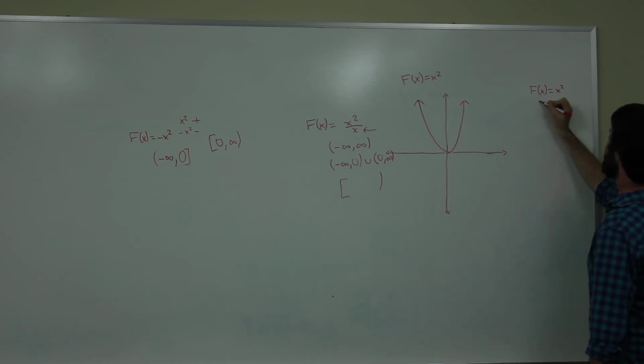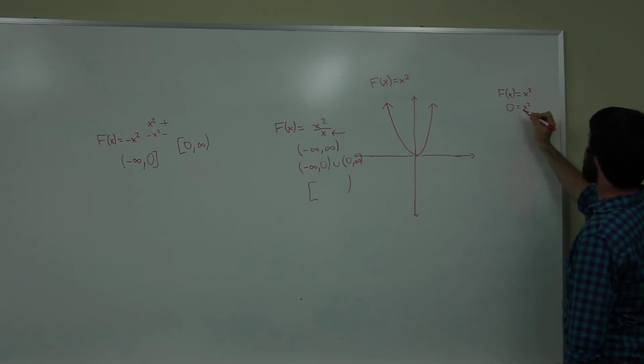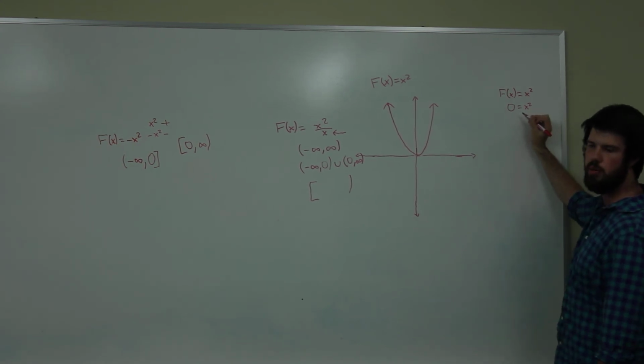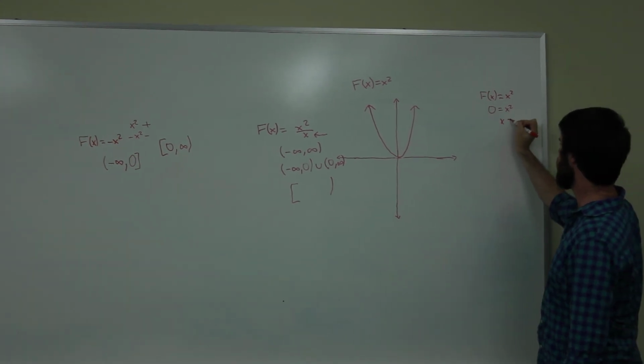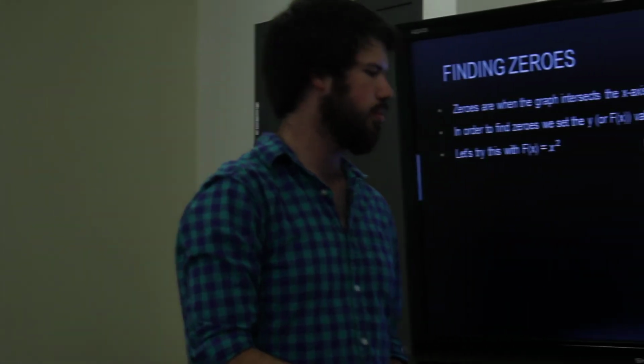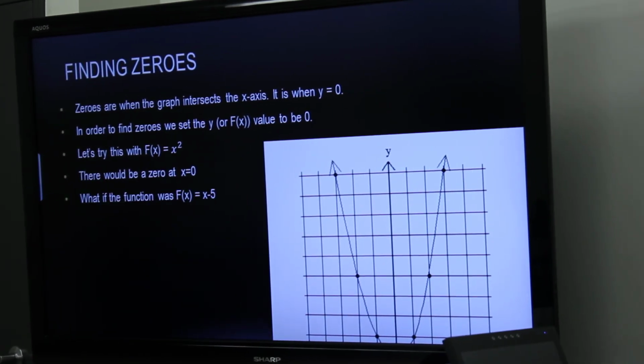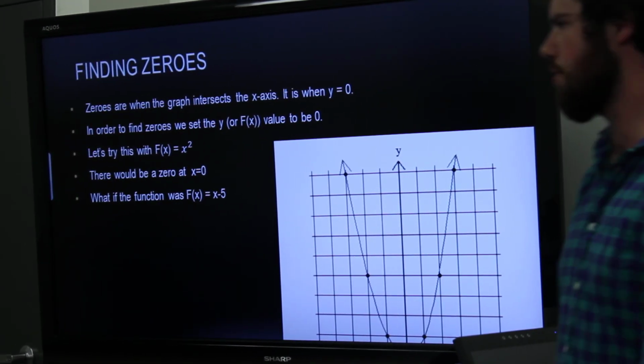Our zero value of x. So 0 equals x squared. And so we know the only way to get 0 when you square something is for x to be 0. So we have a 0 at x equals 0. Alright, get that right. So what if the function was f of x equals x minus 5?